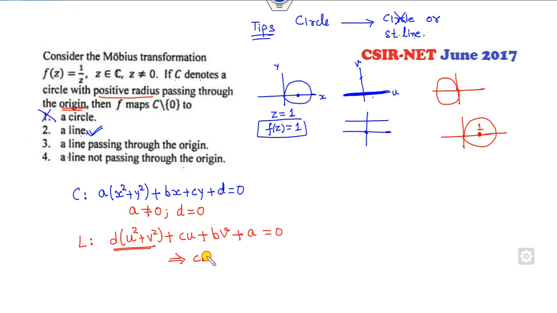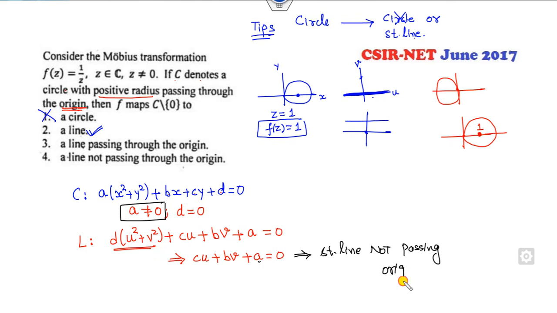So what is the meaning of that? The line is cu plus bv plus a equals 0. Since a is non-zero, the constant is non-zero, so this is a straight line. It is not passing through the origin, because it would pass through the origin only when this constant value is 0. So passing through the origin is a wrong option. So what are the correct options? B and D are the right answers.